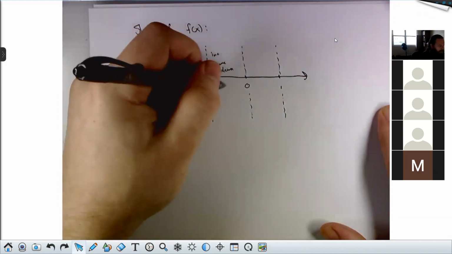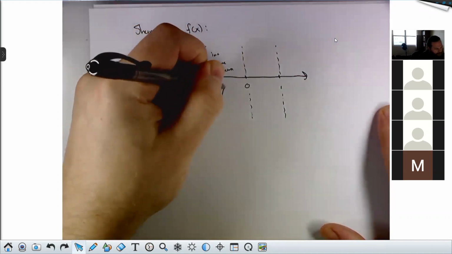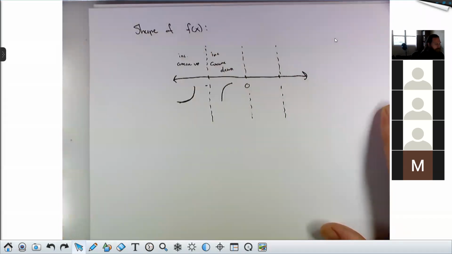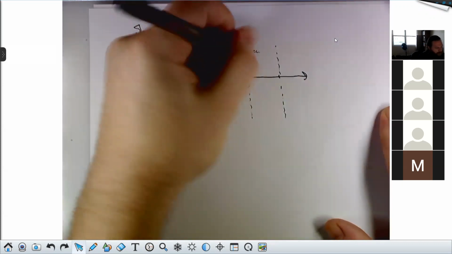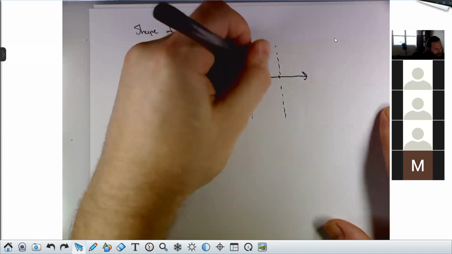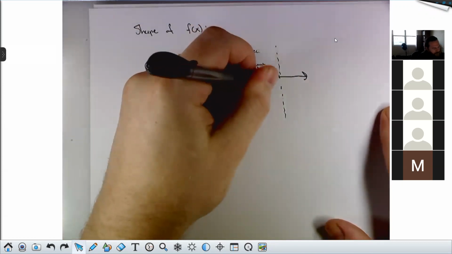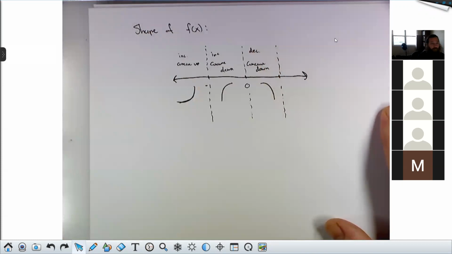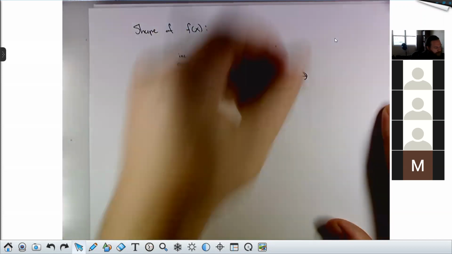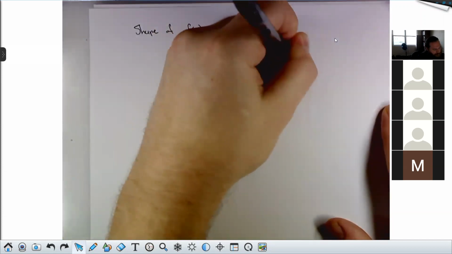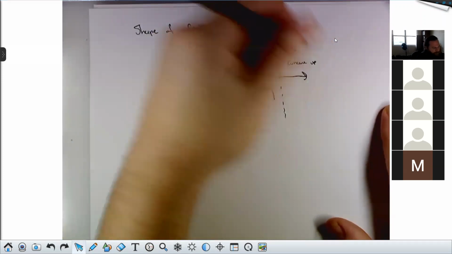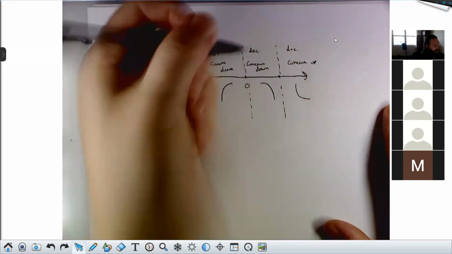So increasing but concave down, that looks like this. From 0 to 1, I was decreasing and still concave down. Looks like this. And from 1 to infinity, I was decreasing, concave up. That looks like this.